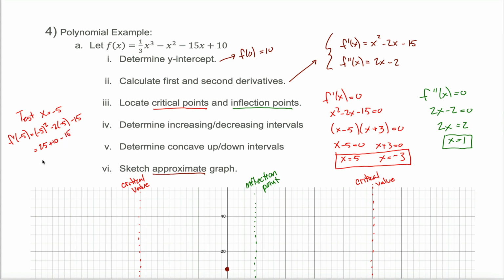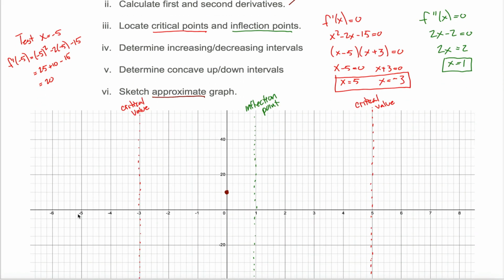I guess I have 35 minus 15, in other words 20, but really I don't even care about this value. All I care about is that this is greater than 0. The fact that this is greater than 0 means that my graph is increasing at -5. And the fact that my graph is increasing at -5 means that my graph is increasing at all values less than -3. That's really powerful.